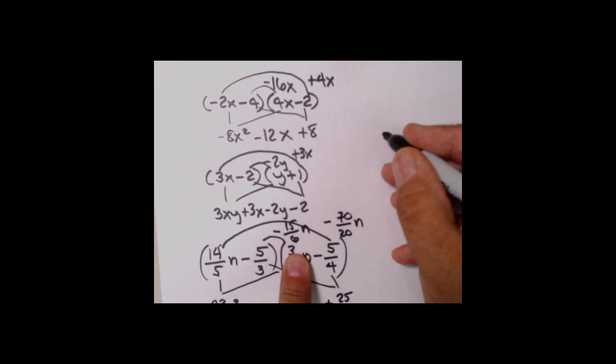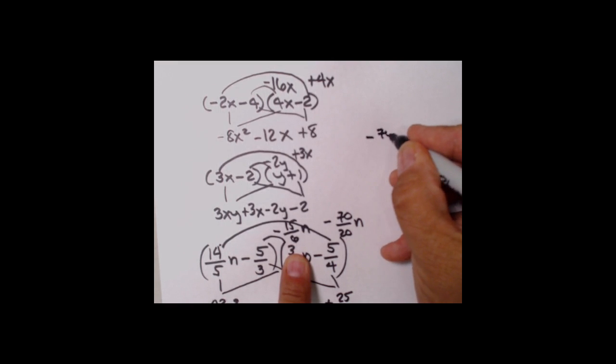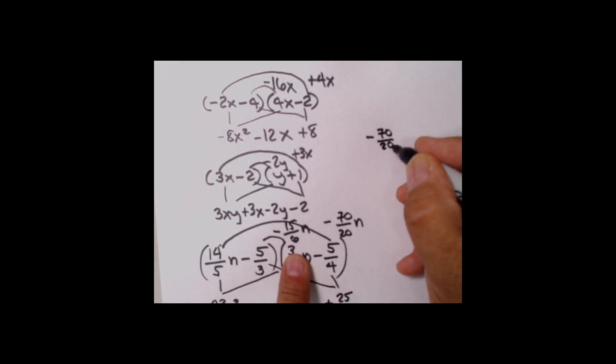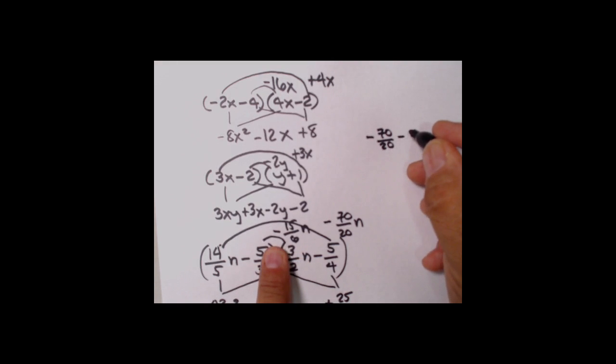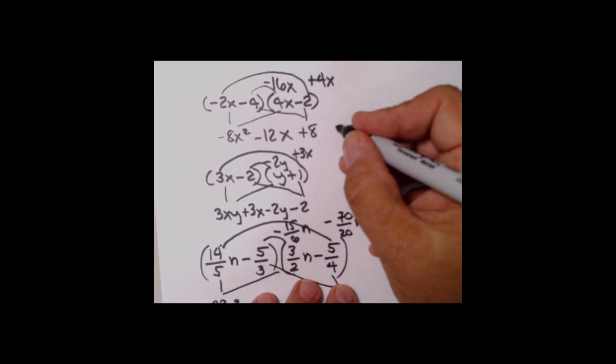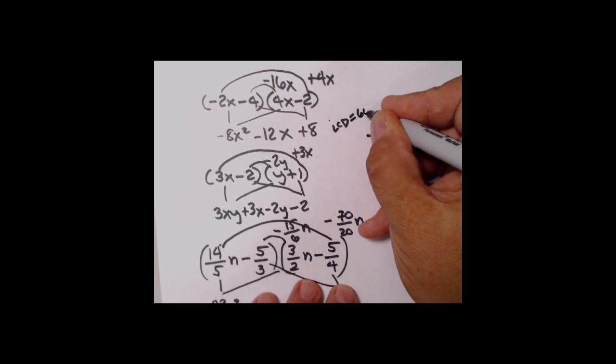So up here where I have a little bit of room, let's look at the coefficients, do a little bit of basic math. Negative 70 over 20, okay, and then negative 15 over 6. Okay, well, let's see. I think the LCD, the first that they're going to hit here is going to be 60. So LCD equals 60.